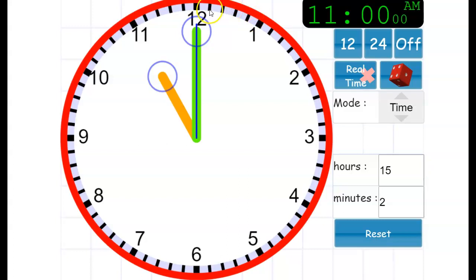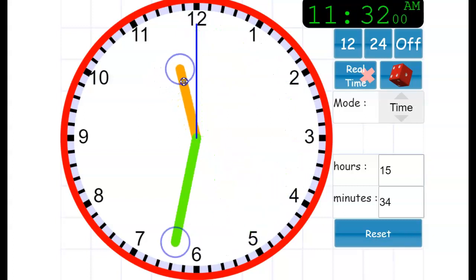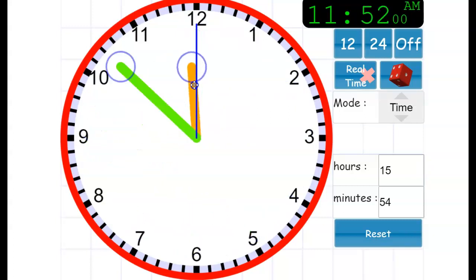Now, if we wanted to, we could count each one of these little ticks or little lines, and we would go the whole way around the clock. There would be 60 little ticks on the clock because there are 60 minutes in an hour. So if the hour hand goes 1 hour, the minute hand, the green hand, goes around and completes 60 minutes.